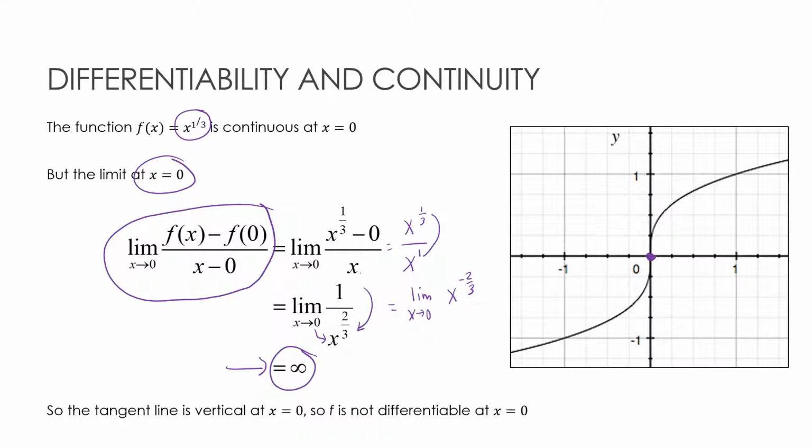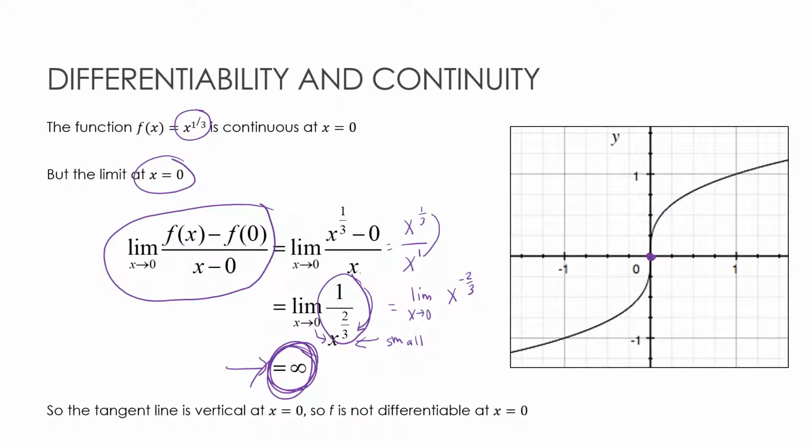As I continue to plug those in, what's going to happen to that number? Well, I'm going to get a small, small, small number down here. So it's 1 divided by an increasingly small number. And as I divide by a smaller and smaller number, what's happening to the whole function? It's getting bigger and bigger. And that's going to be the same from either direction. So because the tangent line is vertical, f is not differentiable.